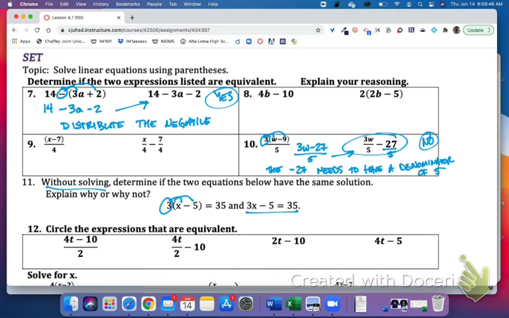But when I distribute, I know that I need to distribute to all terms inside the parentheses. So I would take 3 times x, which is 3x, and 3 times negative 5, which is negative 15. So we know that this is not equivalent. These are not going to give us the same solution. Your job is to explain why not.